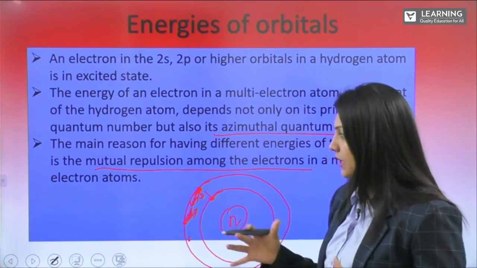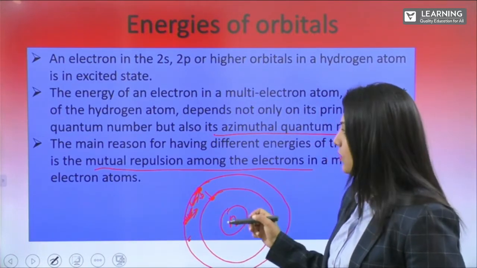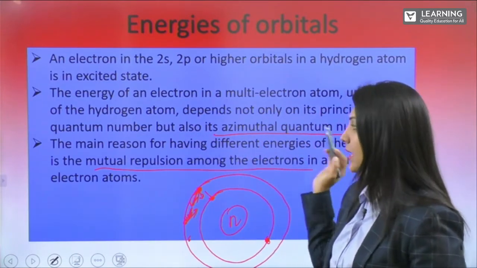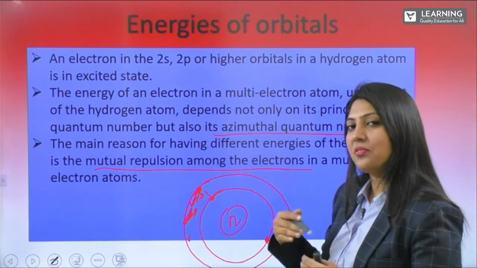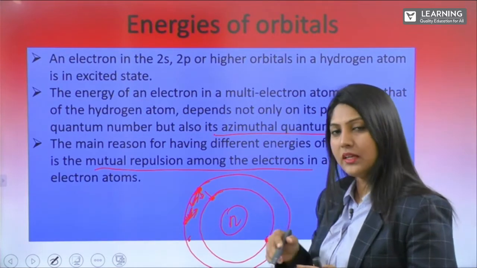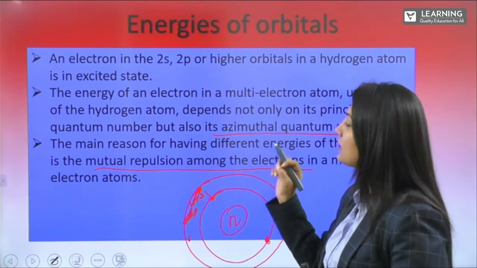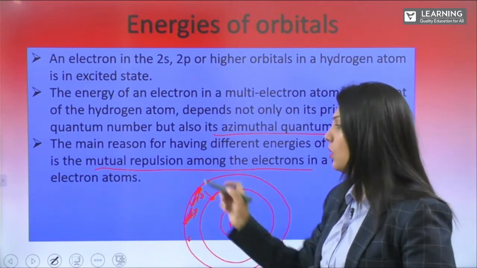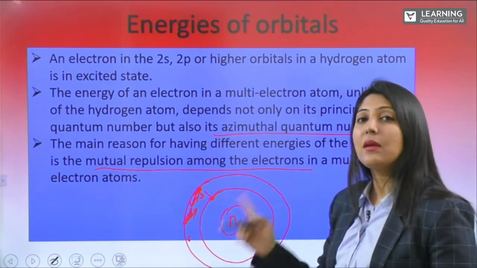When they repel, the attraction will decrease. So that also depends on the azimuthal quantum number. Why do the orbitals in the same orbit differ? If they are different orbitals, why do they have different energy levels? Because of the shape and also the mutual repulsion among the electrons present in the same orbit.